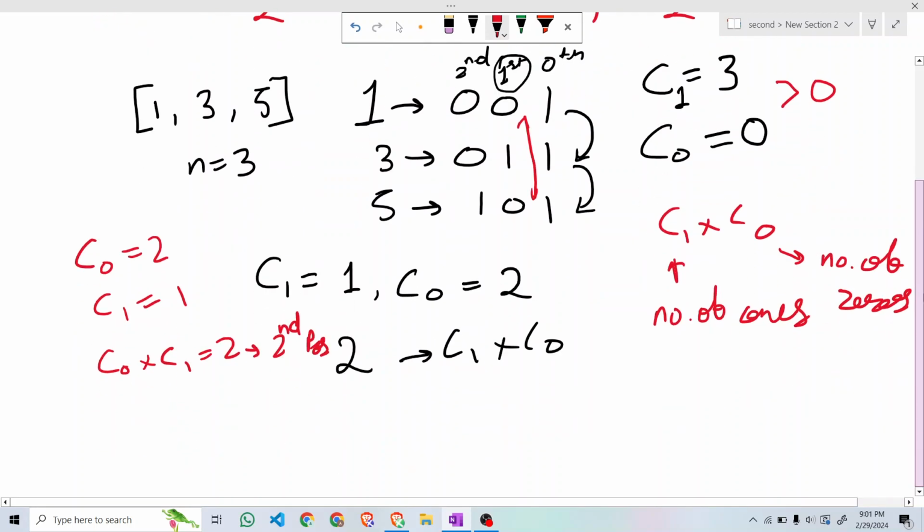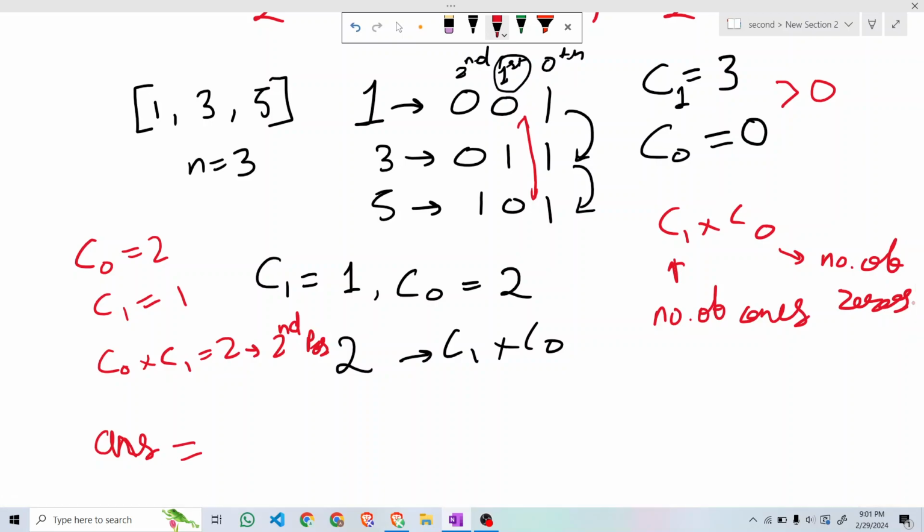So what would the answer be? We basically just sum up C0 times C1 for all the individual positions.